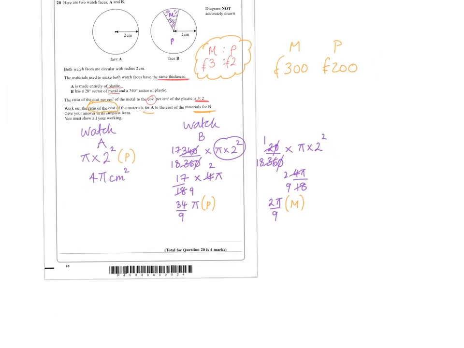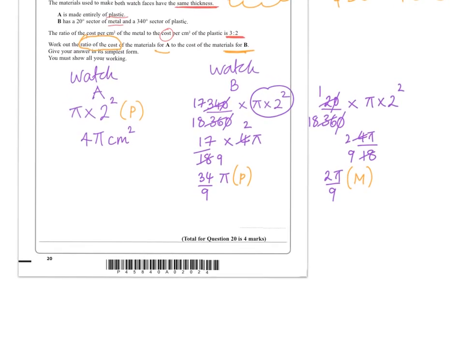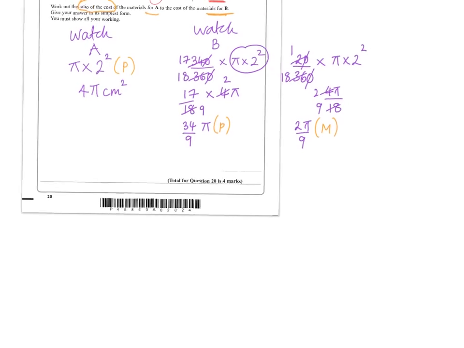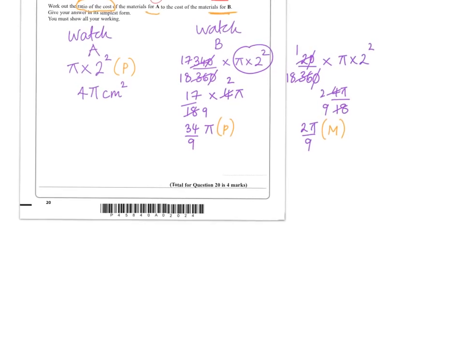Now let's see if you can understand this. So let's have a look at the cost now, and I'll make a little bit more room here. So we're just looking at cost now for A. So we have 4 pi, and I should have written this P here.